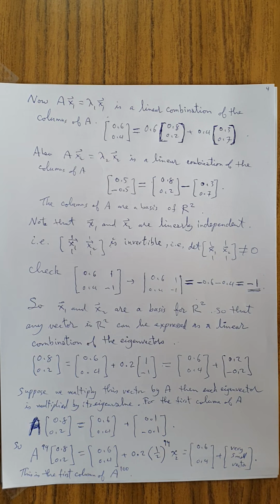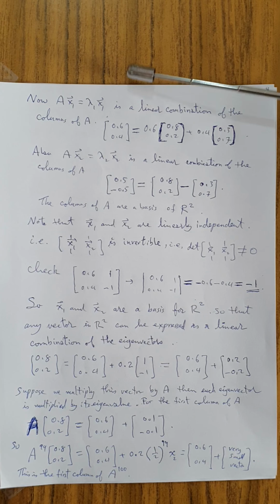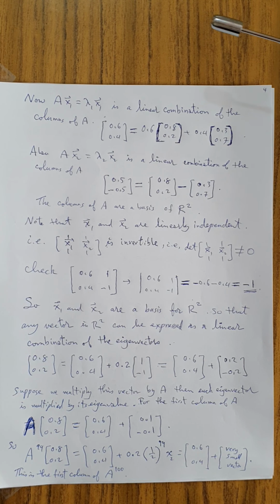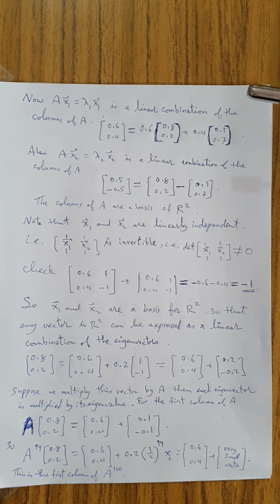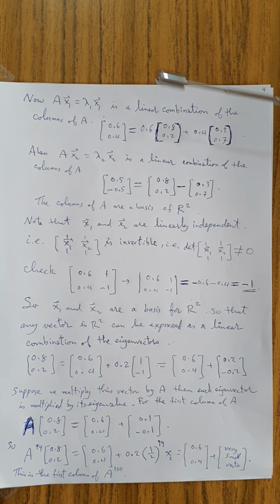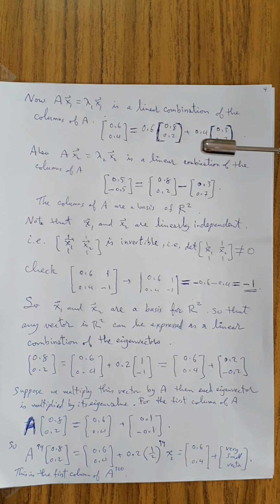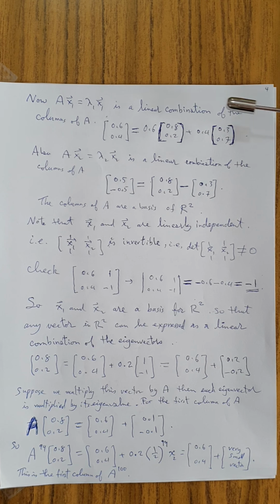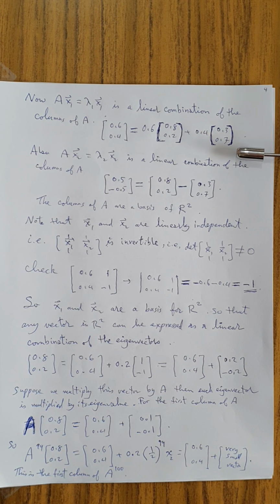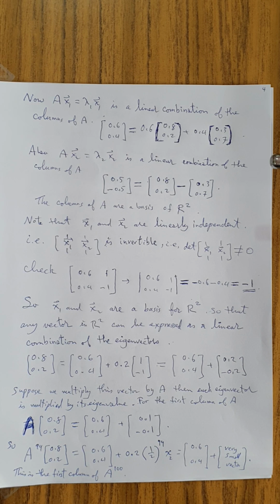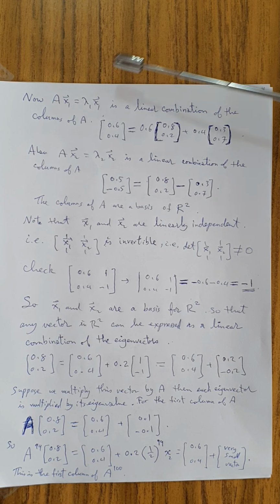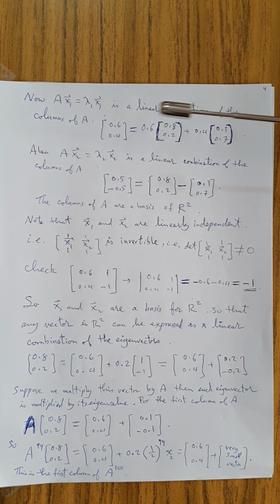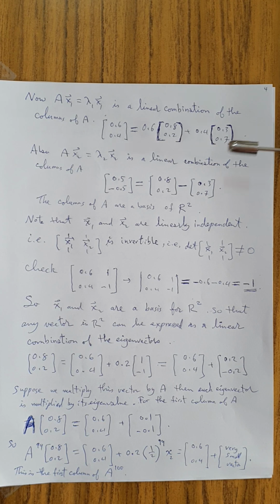Now we know that A x1 equals lambda 1 x1, which is a linear combination of the columns of A. So the vector x1, which is (0.6, 0.4), is really 0.6 times the first column of A plus 0.4 times the second column of A. You can do this by substituting this equation and using Cramer's rule to find the coefficients, which are 0.6 and 0.4.